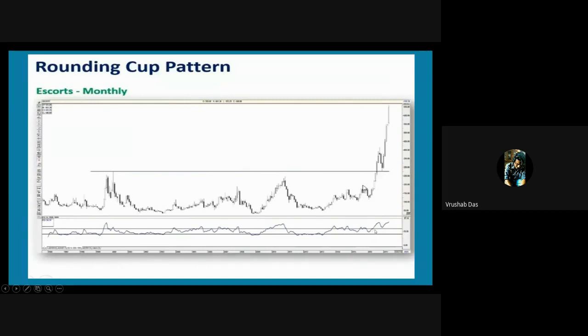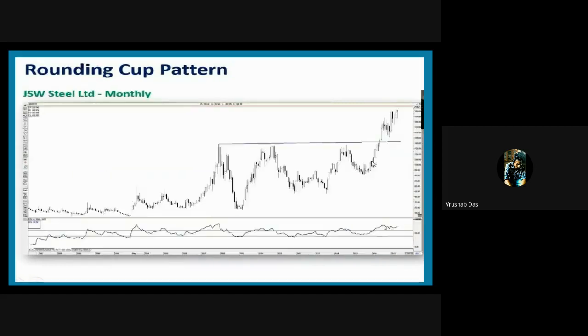The RSI has crossed the 50 level and shows momentum. So if the RSI is showing momentum, this is a second indication that the price may reverse.